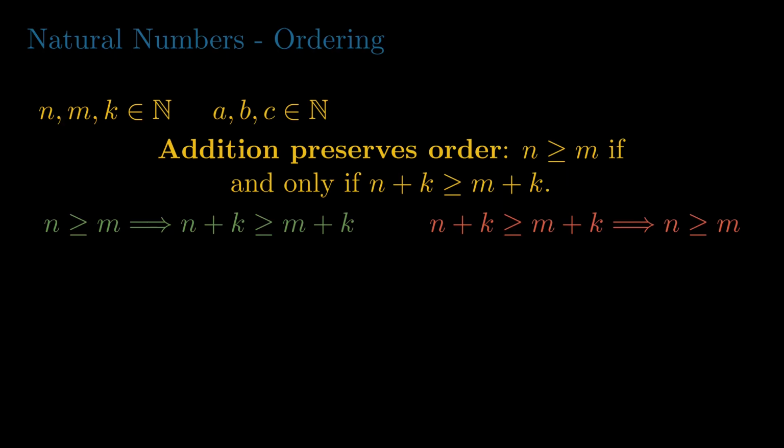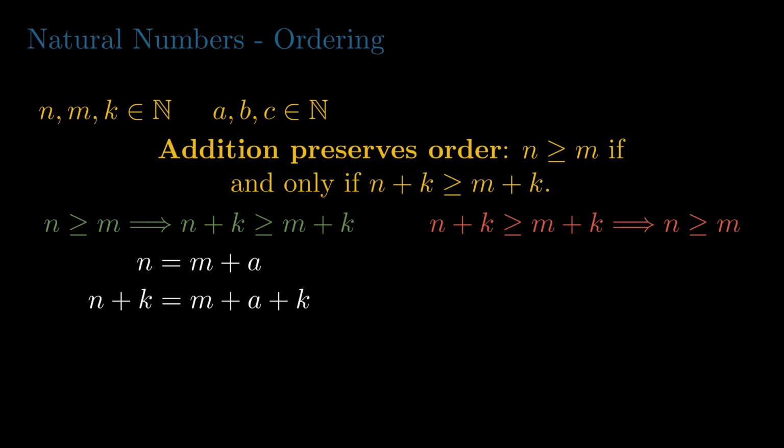Let's start proving that if n is greater than or equal to m, then n plus k is greater than or equal to m plus k. So, the green part. Again, let's write the first inequality as n equal to m plus a. If we add k on both sides, we get n plus k is equal to m plus a plus k.